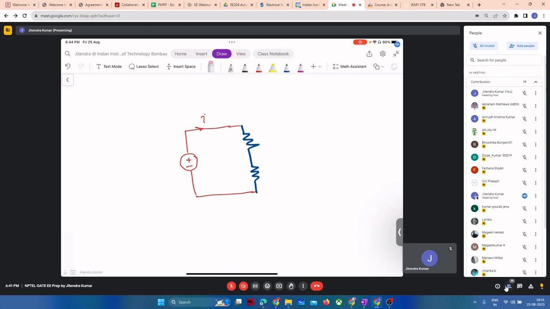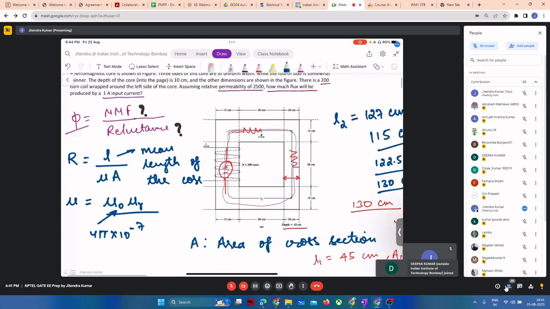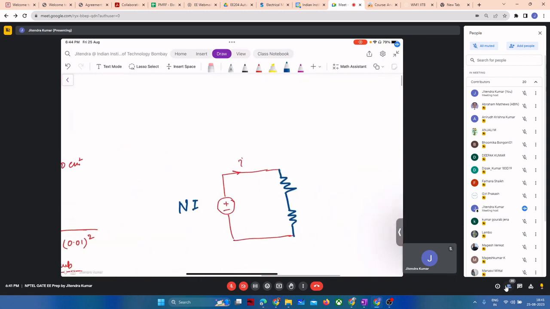In place of V, we have Ni. It is stated in the problem that we are providing 1 ampere of input current, and the number of turns is 200, so the MMF it will produce is simply 200 into 1, which is 200 ampere turns.